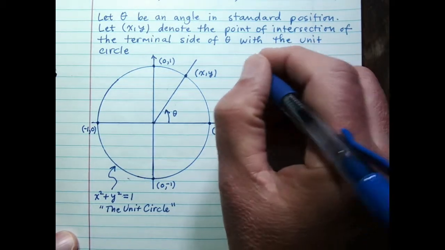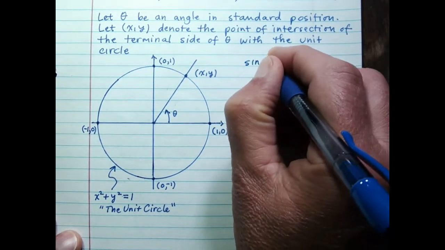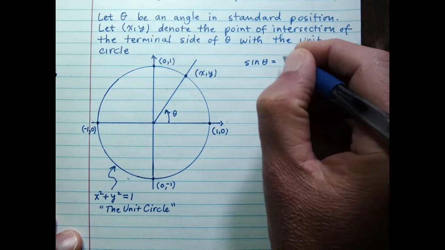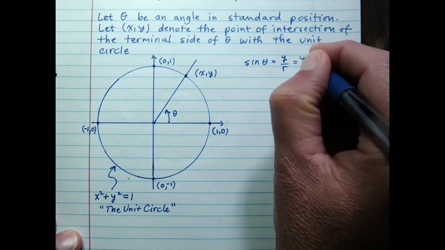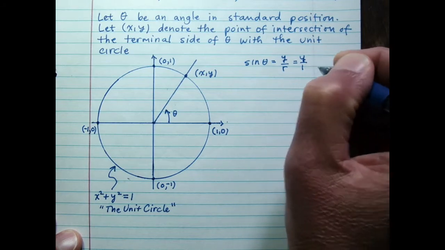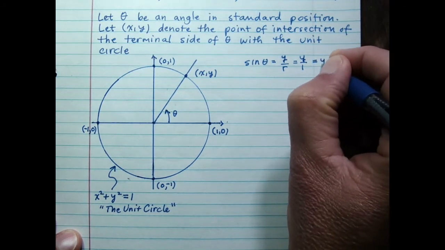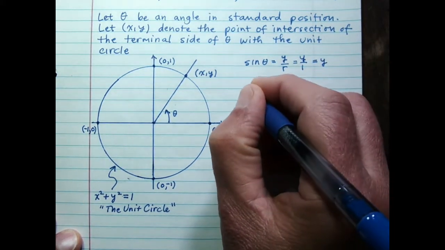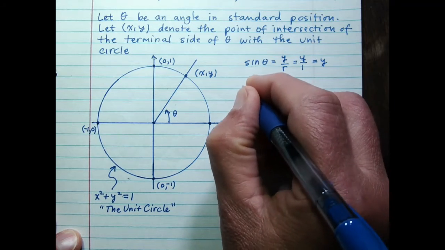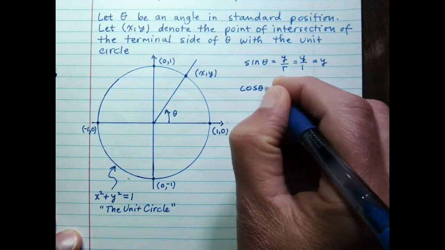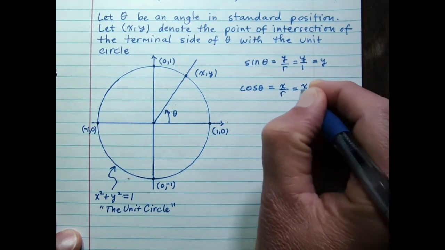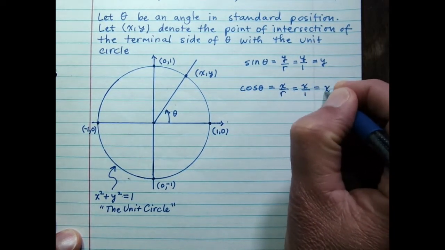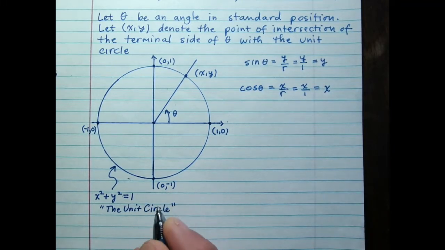We can say that sine theta is equal to y over r, but that's y over 1, or just y on the unit circle. Cosine theta is equal to x over r, or x over 1, which is just x on the unit circle.